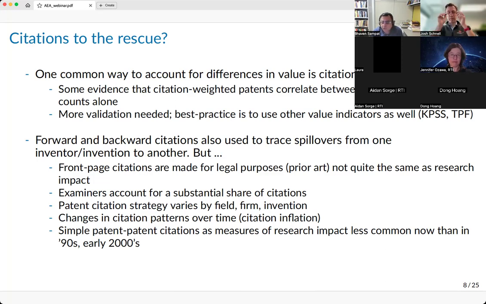But there are ways, and to the extent you're interested in talking about it more, there are ways we can also impute that to the rest of the patent data as well.